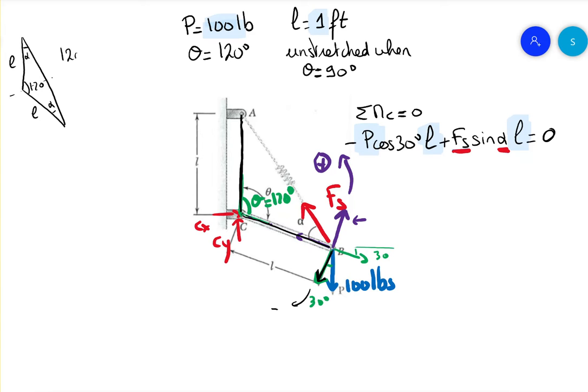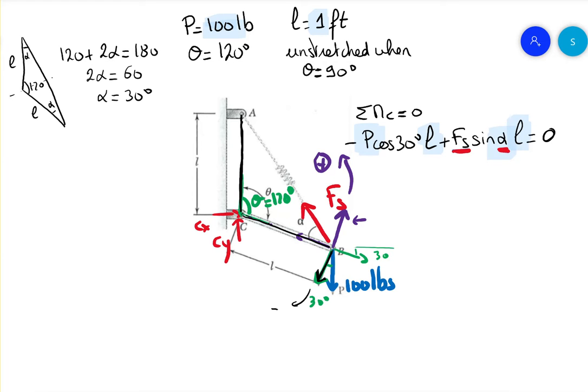So we have 120 plus 2 alpha, that is equal to 180. This is the total of the triangle. So we got 2 alpha equal to 60 degrees. So alpha equals 30 degrees. Okay, that's awesome. Alpha now is a blue value.